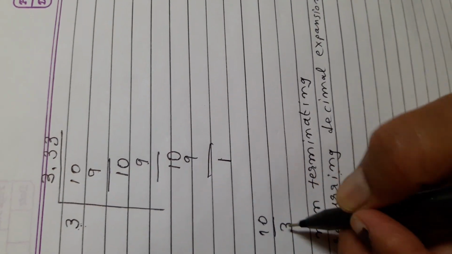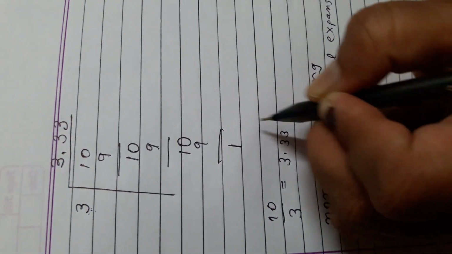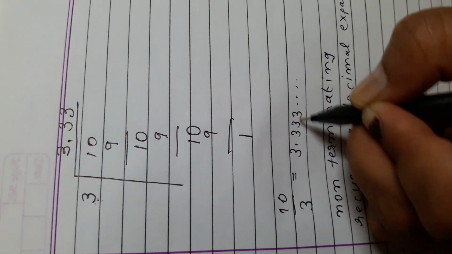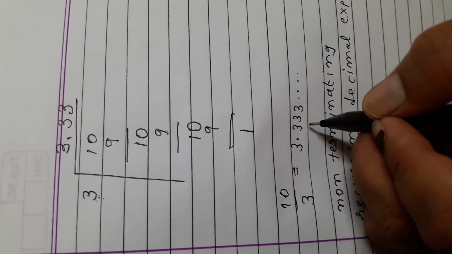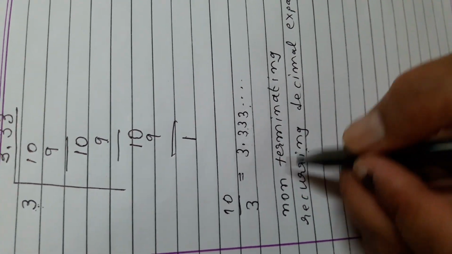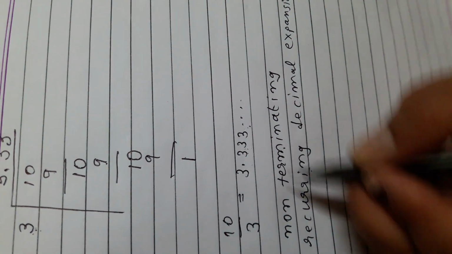Non-terminating recurring, that is 10 by 3 we have 3.33, again 3 will come. So here 3 is recurring and it has no end. It has no end and the number is repeating here. So it has no end, so non-terminating, and the number is recurring here, repeating here.